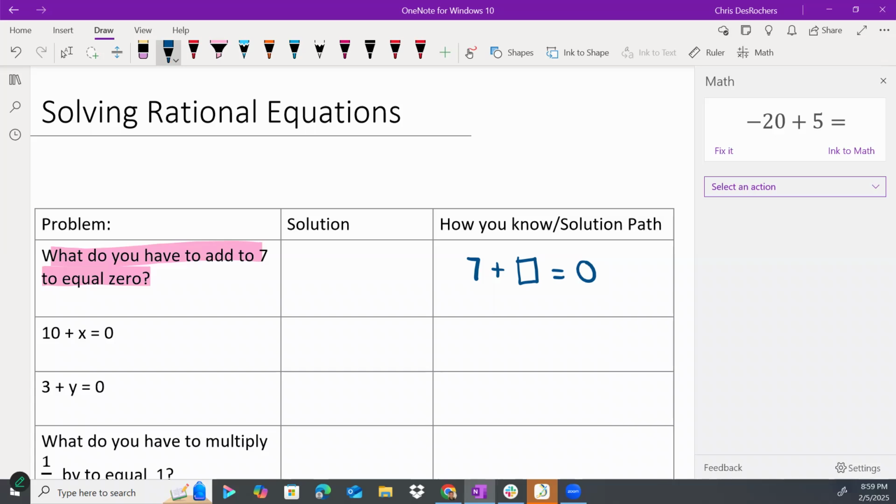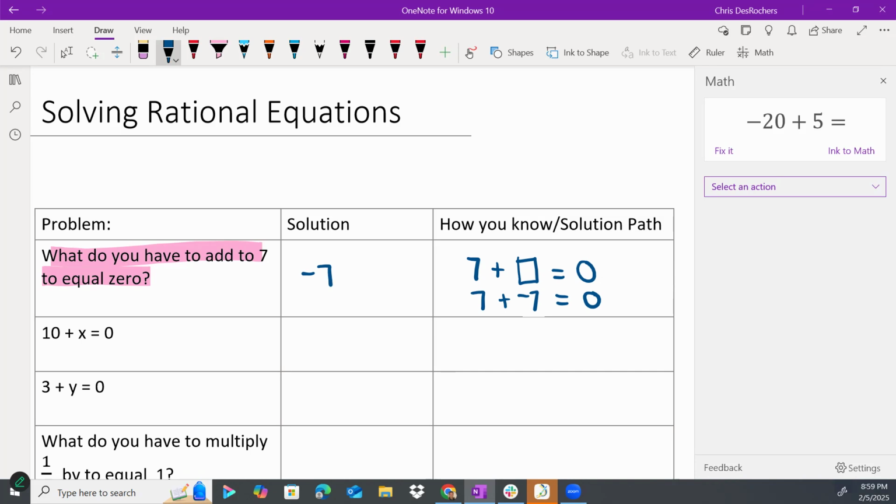You might think, I know that if I add -7 to 7, that's going to be 0. So your solution is -7.